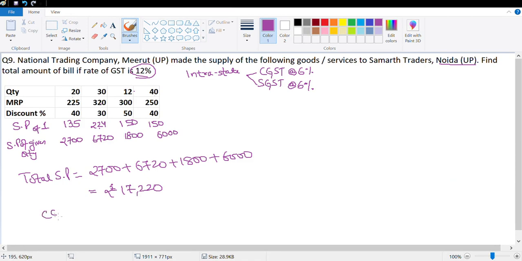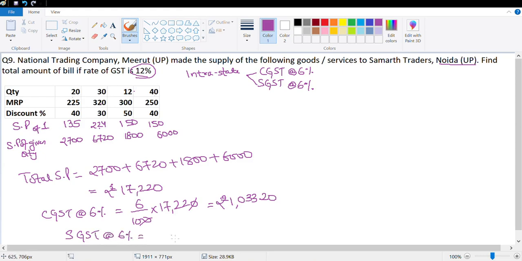CGST at the rate of 6% would be equal to 6 upon 100 into 17,220. That's 1722 into 6 divided by 10, and that calculation I have already done is rupees 1033.20. Similarly, SGST at the rate of 6% will also be equal to rupees 1033.20.